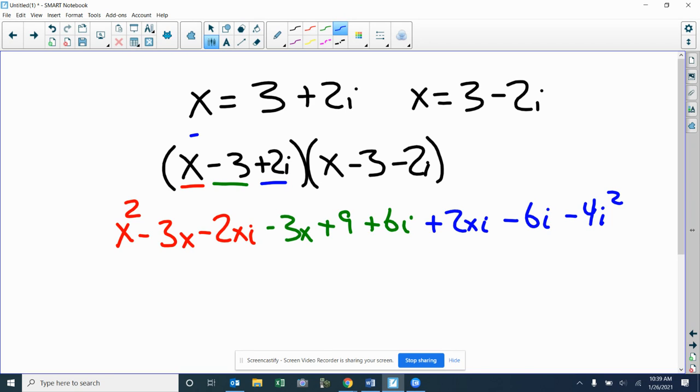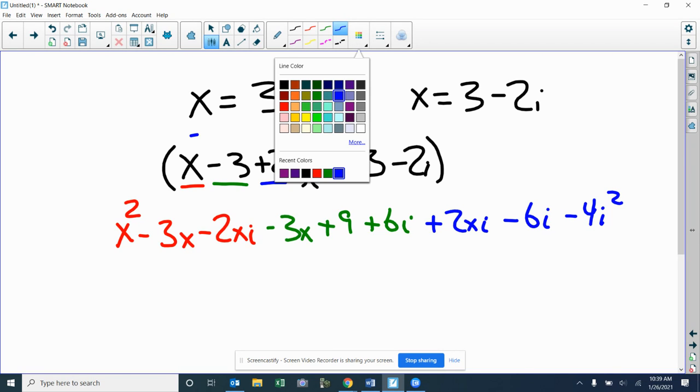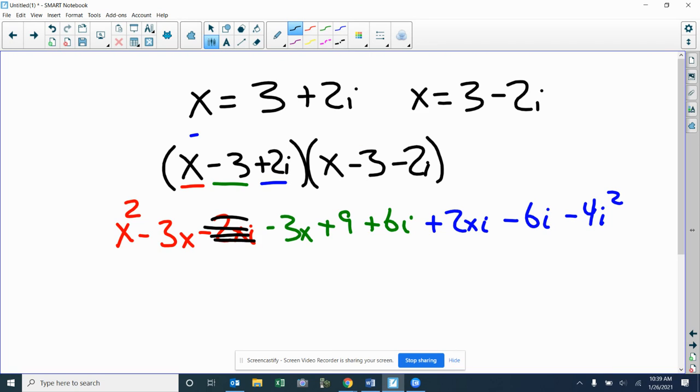Okay. Those are gone. I have a plus 6i, minus 6i. Okay. The one i squared that I can take care of is this one. This becomes what? What's i squared? Negative 1. Positive 4. Positive 4. Since i squared is negative 1, Logan, you're right, negative 1 times negative 4 would give me that positive 4.